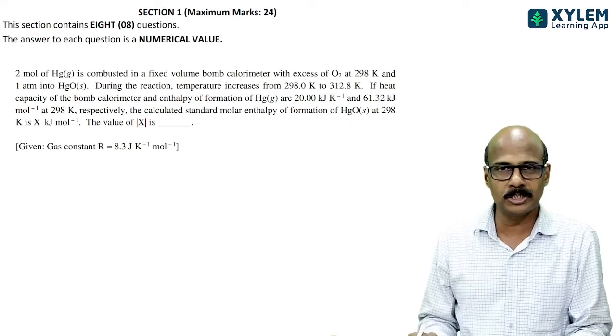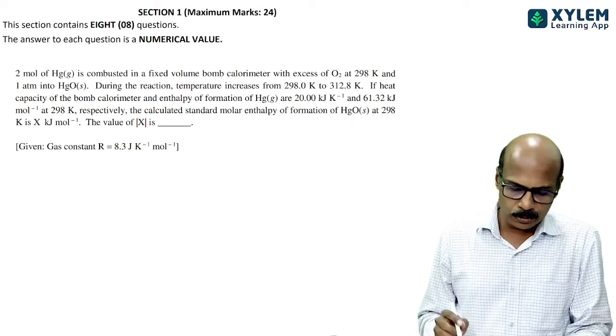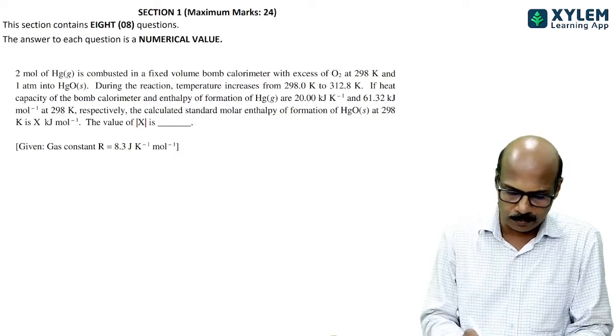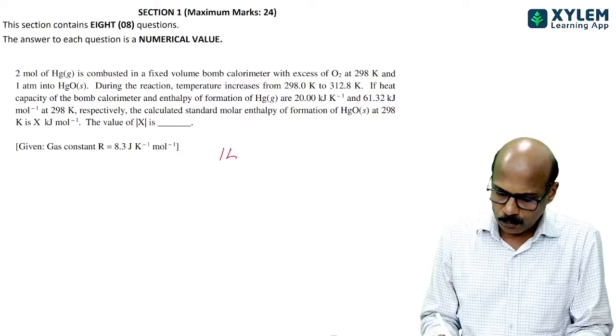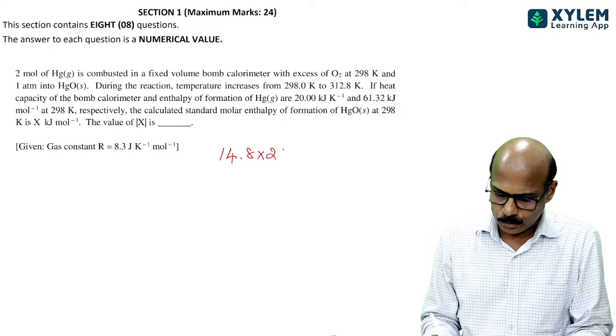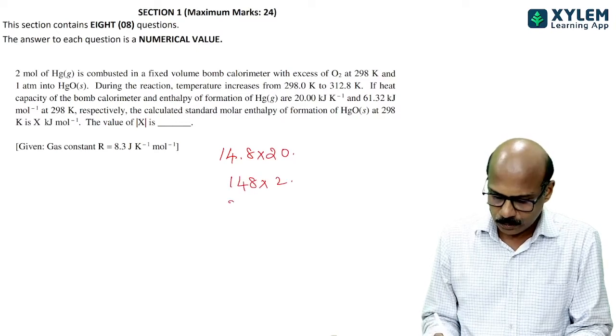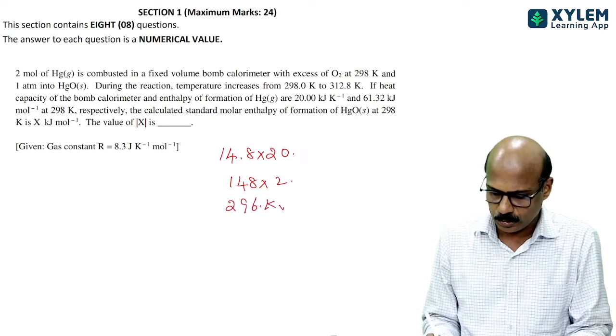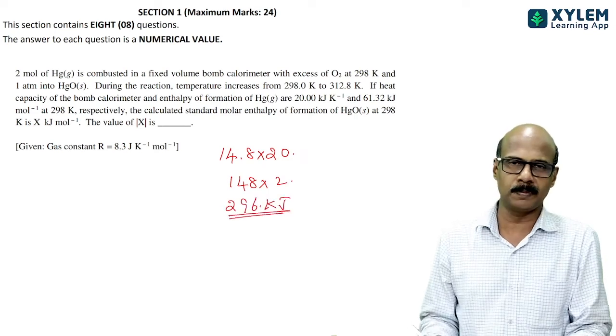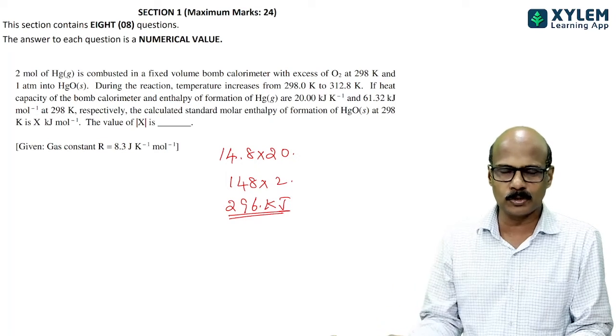So what will be the heat produced during the process? The heat produced will be equal to 14.8 into 20. That means 148 into 2. Am I right? So 296 kilojoule heat is produced. That means the process is exothermic.